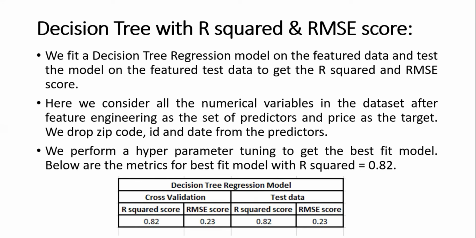So after doing a decision tree regression, first we do a tenfold cross validation of the training data and get the R squared value as 0.82. Then we fit the model to the test data and from the test data, we get the R square as 0.82, which are equal. So we can say that this model is a fit model for our prediction of the price of the houses.